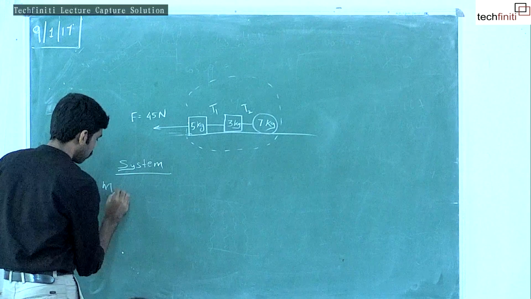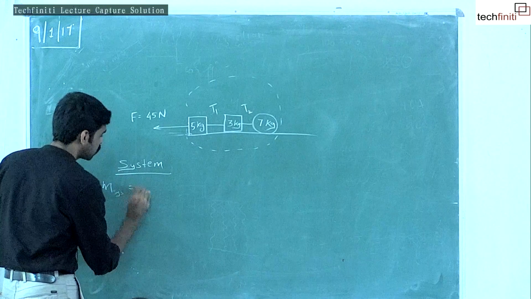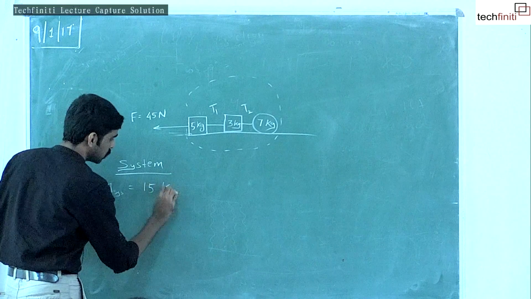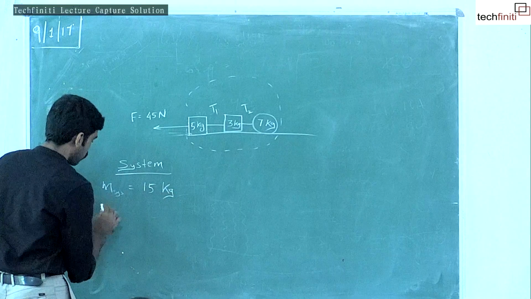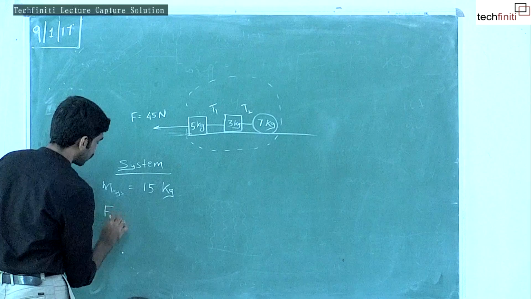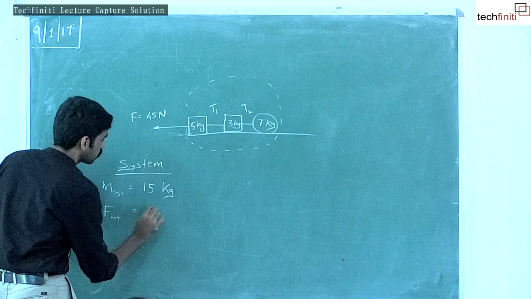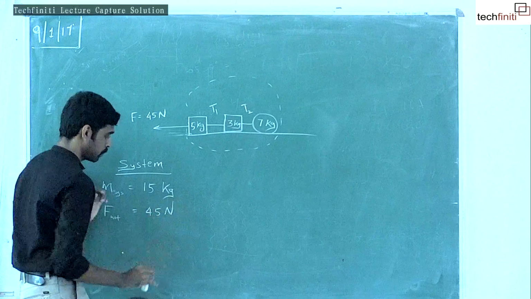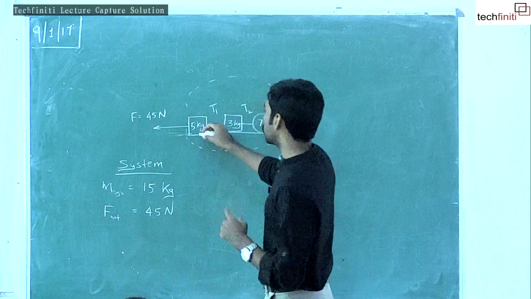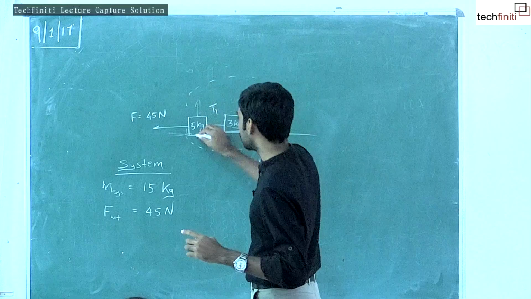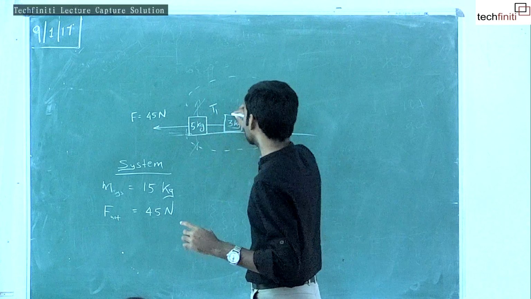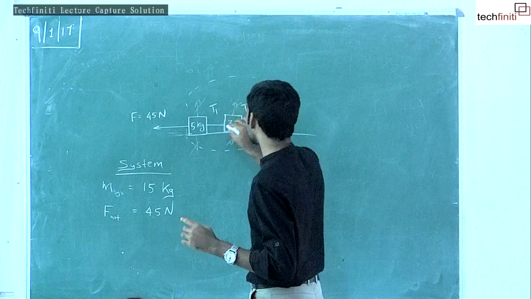So the mass of the system, I am writing it as m_sys, is 15 kg. The net force acting on the system is 45 Newton. Why is it 45? Because the normal reaction of the 5 kg and the weight get cancelled out. Similarly, for all objects, it's getting cancelled out.